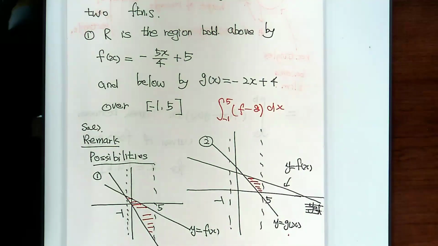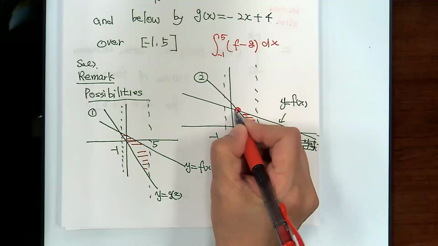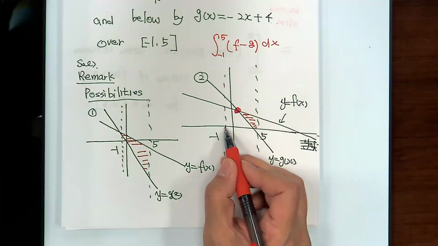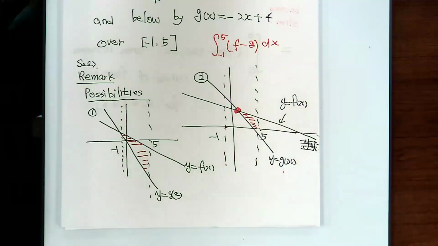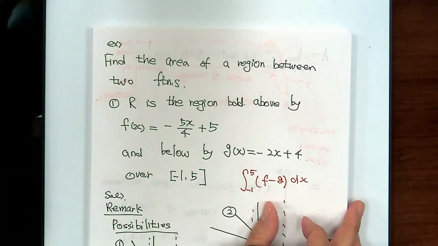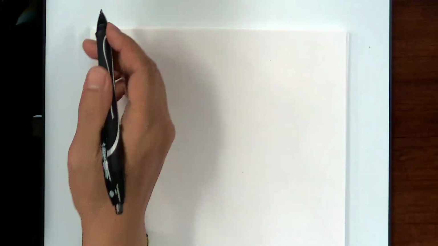We have to make sure that the intersection point is not located between minus 1 and 5. To do that, we have to figure out the intersection point first.